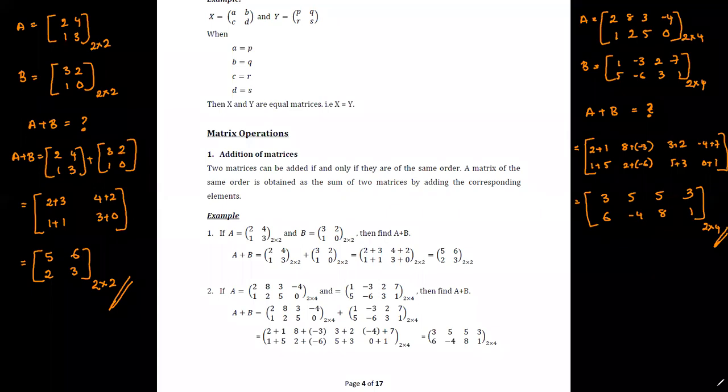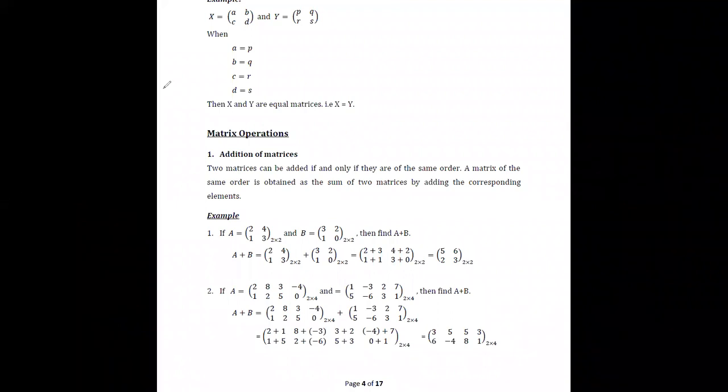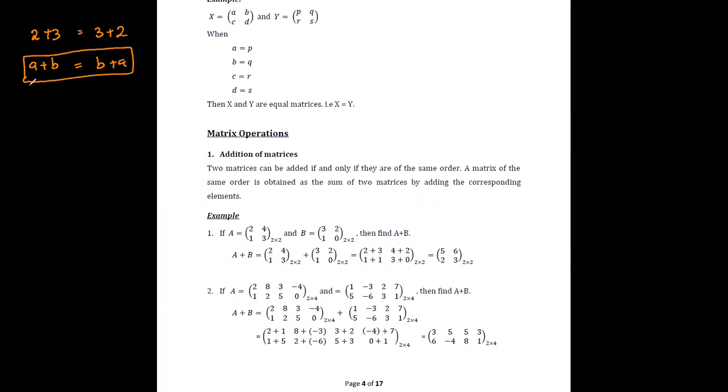And the next important thing on matrix addition is this. If you look back at algebra, we can see that 2 plus 3 is equal to 3 plus 2. Therefore, generally we can say that a plus b is equal to b plus a. In algebra, we have this equality.